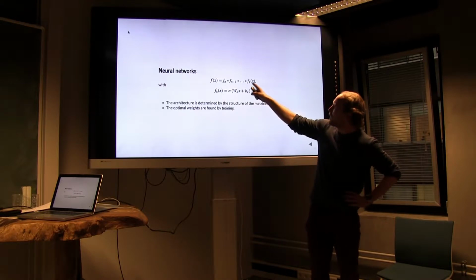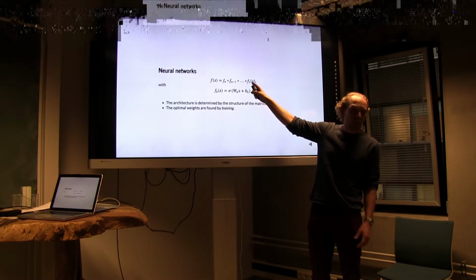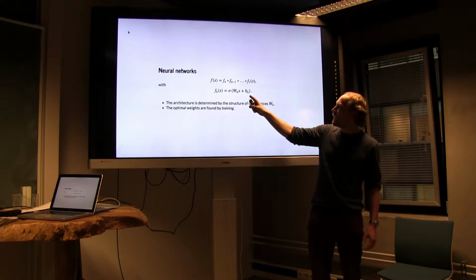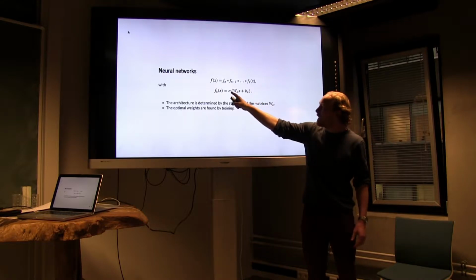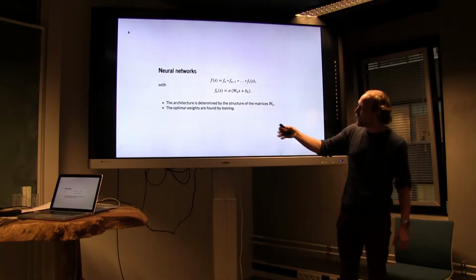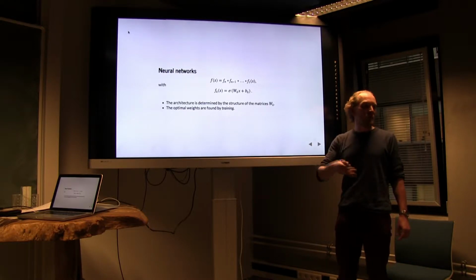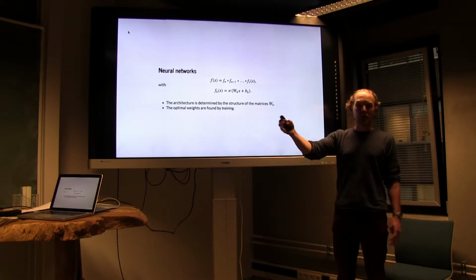I put in x, then at first there's some function f1 acting on it, and then the function f1 typically does, let's say, just the matrix multiplied by my input vector. Maybe it adds some things, and then it does some activation function on it. The activation function typically is something linear, like if it's too big, then set it to 1.